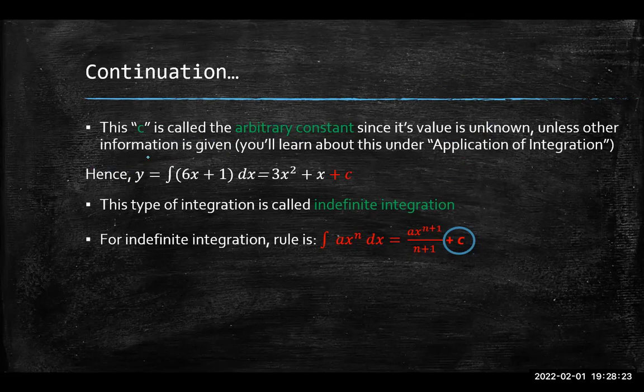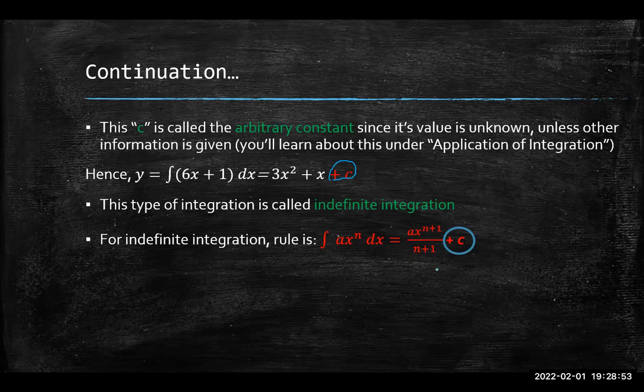So hence, when I find the integral of 6x plus 1, yes, I get the 3x squared plus x, but I have to make sure I put the plus c. This type of integration, where you see that plus c, is called indefinite integration. I showed you the integration rule just now, but for indefinite integration, you must remember to put that plus c.